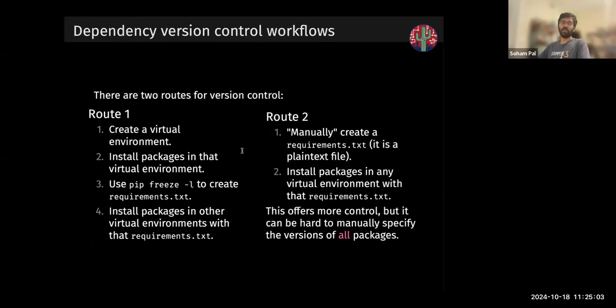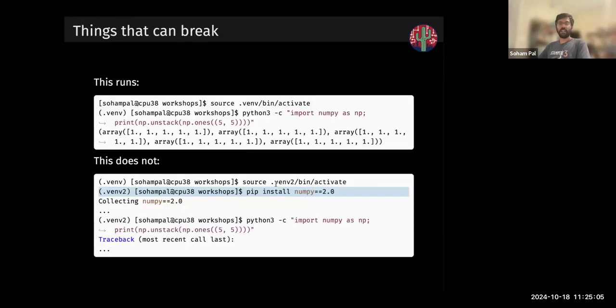Now I activate the venv2 and I install NumPy, but at the same time I mention a particular version of NumPy, and it will install that particular version of NumPy. And then if I try to run the same code, it does not run.